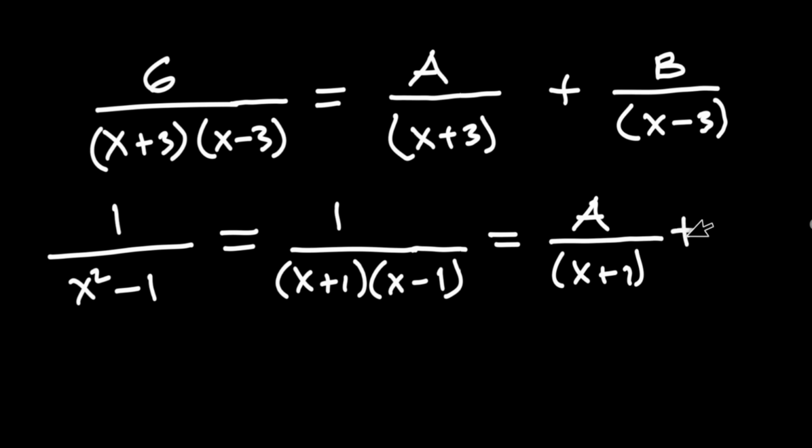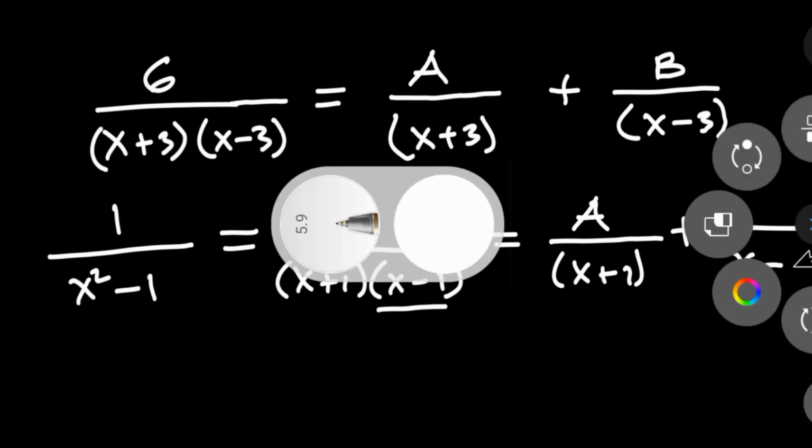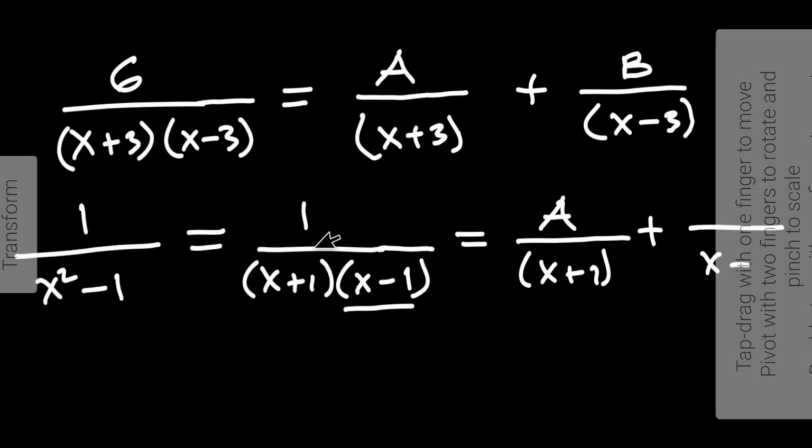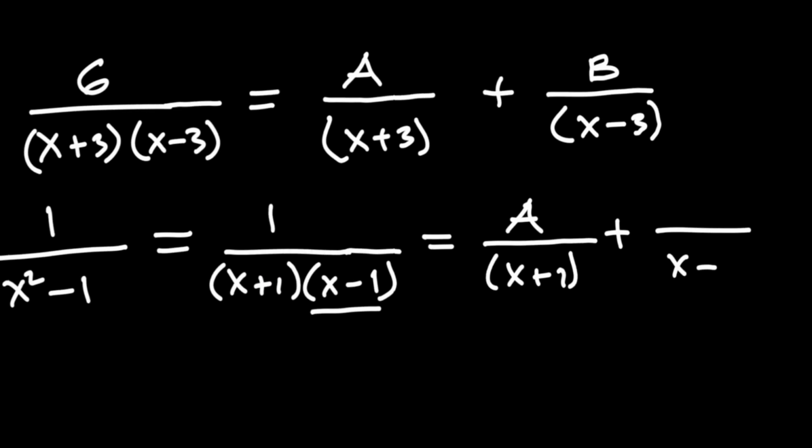Then plus, and notice that always we introduce plus and not minus. So always it's supposed to be plus. Then we have the second factor right here, which is x minus 1. Let me shift this to this side a little bit. So we are going to have x minus 1, then the numerator will be a constant, which in this case is b.